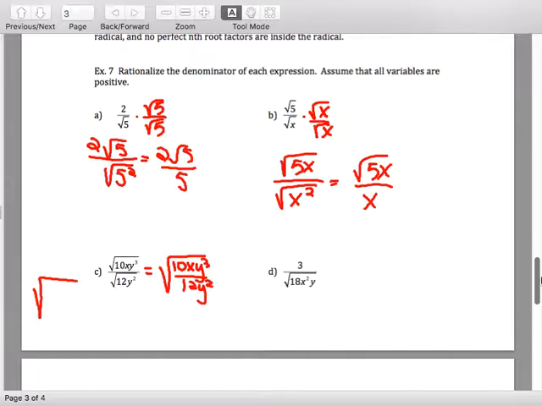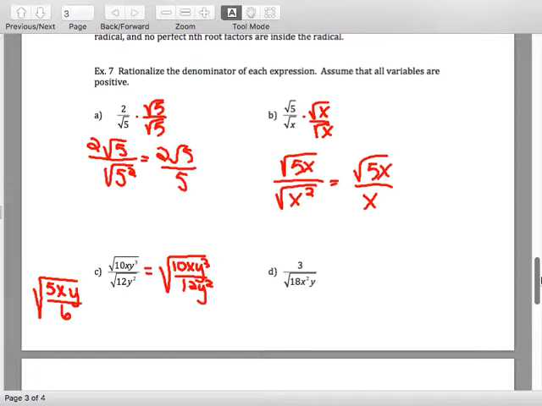So I'm going to simplify. 10 can divide by 2, so that's a 5. The x doesn't do anything. Y cubed over y squared is y, and the 12 divided by 2 is 6. So all I'm doing is reducing the fraction underneath the radical.